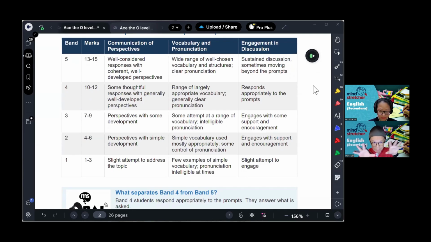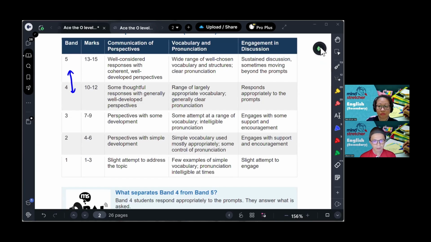So this is how the marks are awarded, and that's one of the things you need to be familiar with, because many of you say that you've never seen the marking rubrics before. So what's the difference between band 4 and band 5?